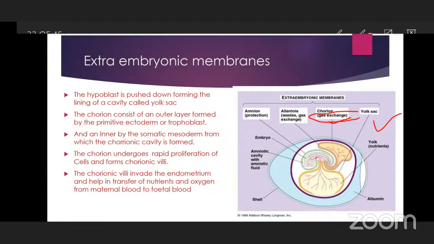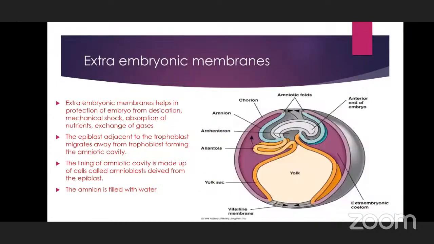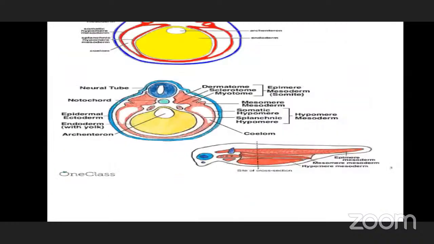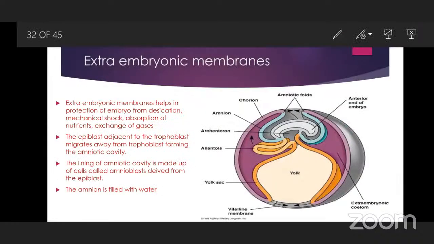We have seen in the earlier class that amnion is derived from the epiblast cells. Epiblast cells will be giving rise to amnioblast cells, and these amnioblast cells will be forming the amnion layer as well as the amniotic cavity.